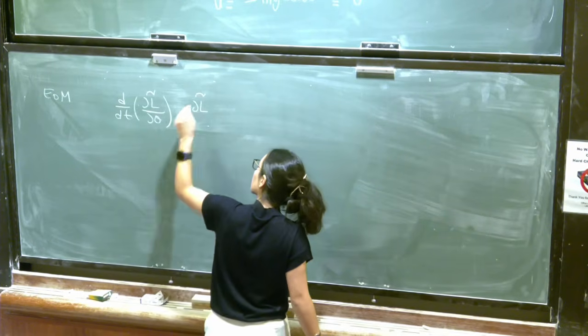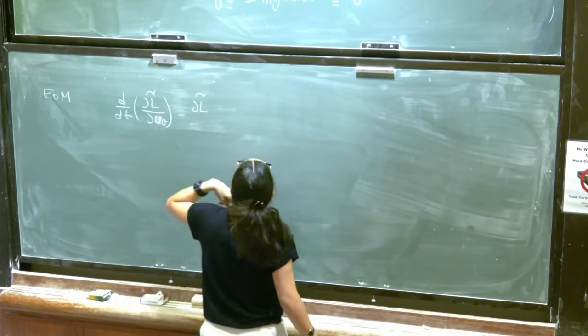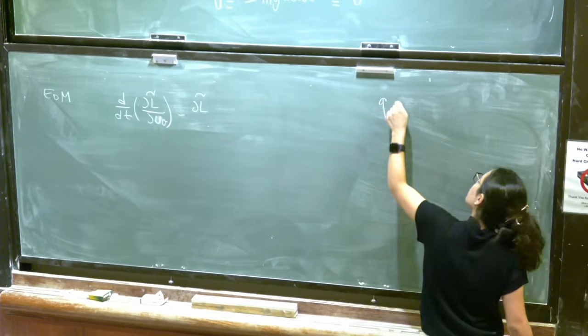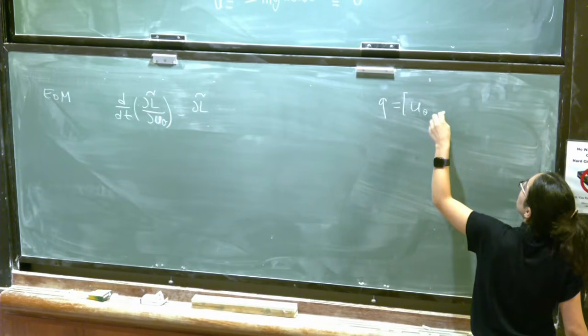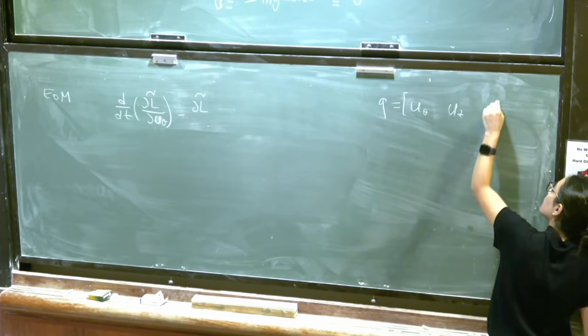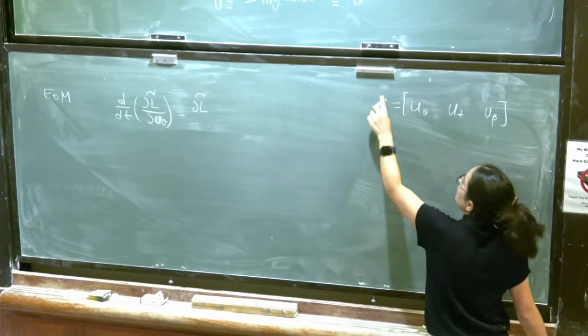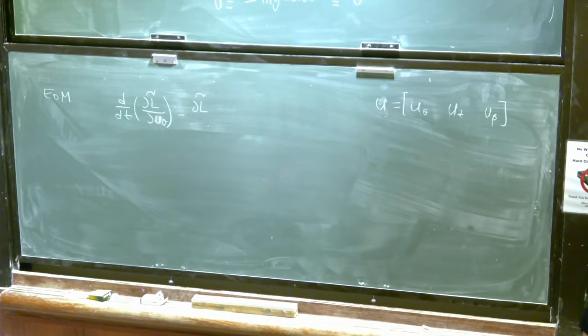U theta is the generalized velocity, which later on we will replace by theta dot.